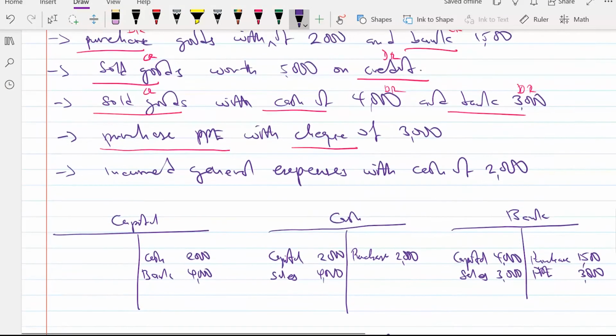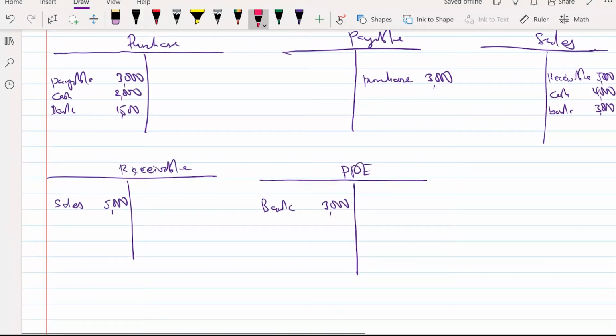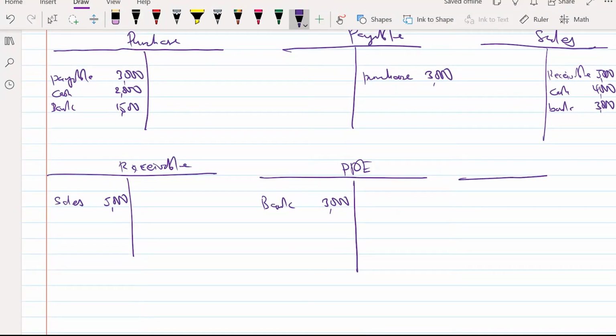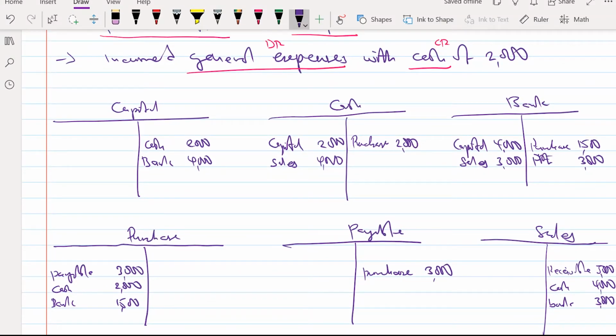Then the final one is incurred general expense with cash. Expense is a debit item and it's reducing cash, because cash is given out, and that is why it's a credit item here, 2,000. So we open a T account for general expense, with cash 2,000 and the corresponding entry, general expense 2,000.